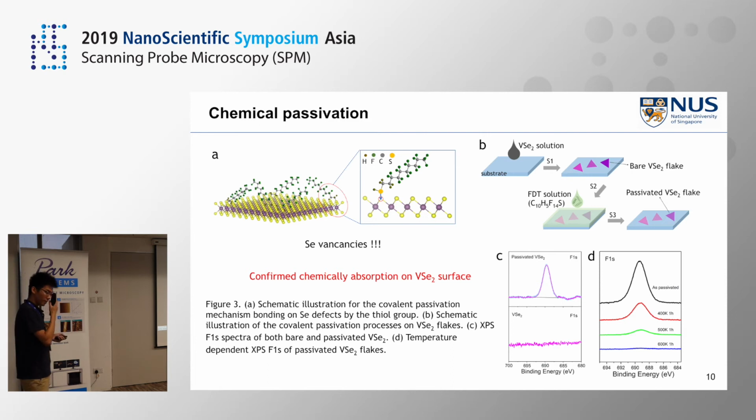And we found that the VSe2 monolayer is extremely air sensitive. When we expose it to the air, it will degrade within a few minutes. So we need to find some routes to passivate the VSe2.